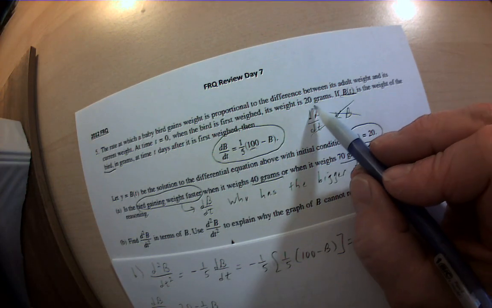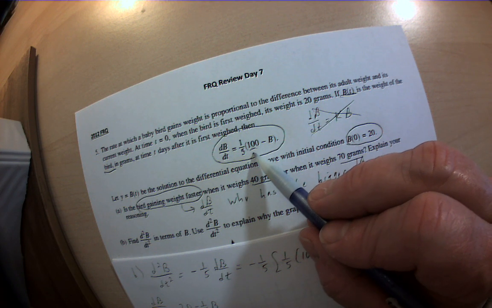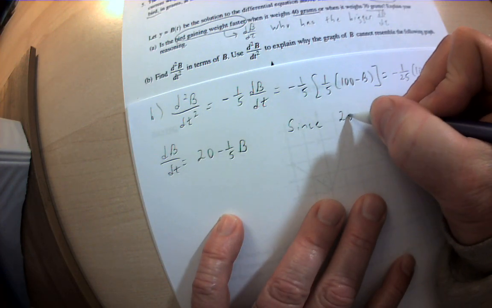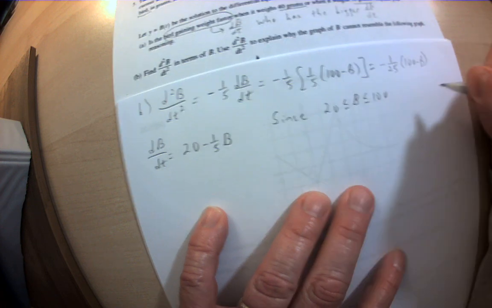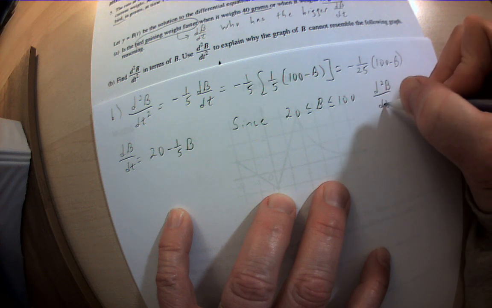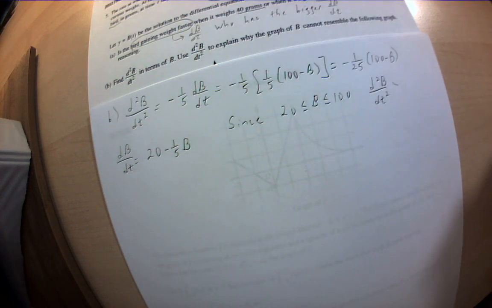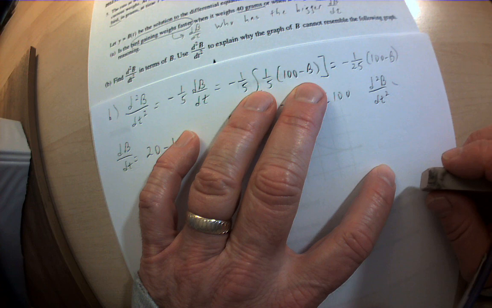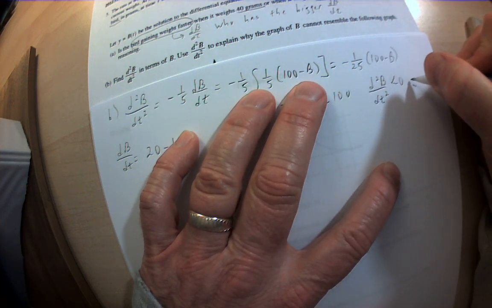All right, guys, let's see. The baby bird starts at 20 grams. Its full weight is 100, an adult. So since B is between 20 and 100, the second derivative of B with respect to time is always less than 0.